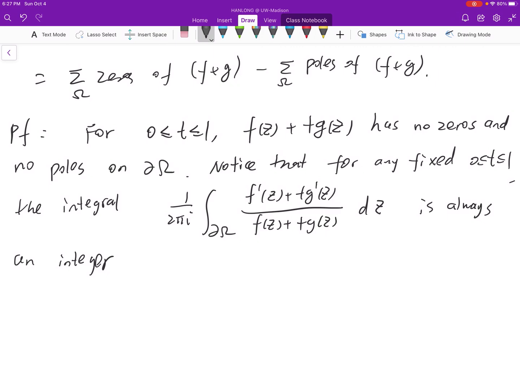This integral has a geometrical meaning which counts the number of zeros minus the number of poles.